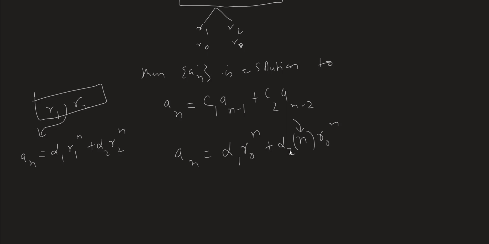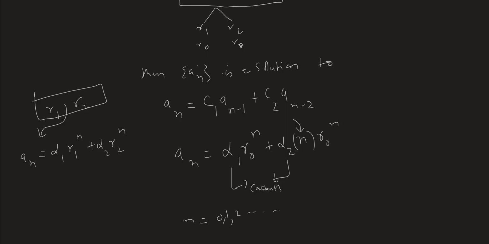Now this is something new. So this will be the solution, and alpha 1 and alpha 2 are constants. So this and this both are constants, and n can be 0 or 1 or 2 and so on.